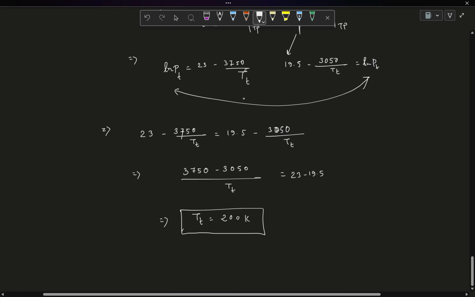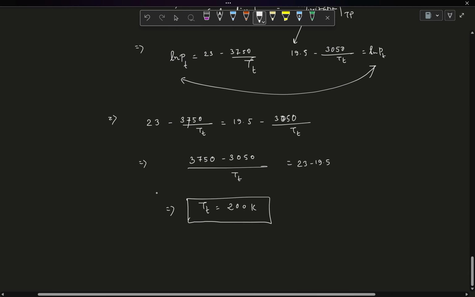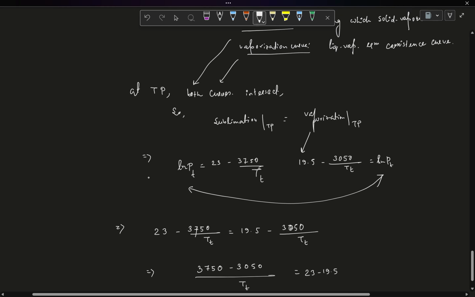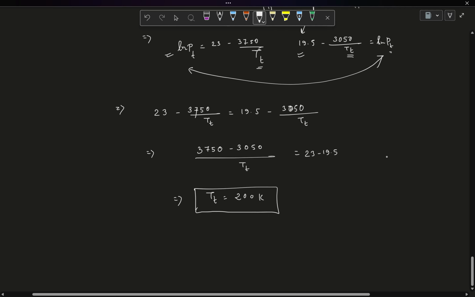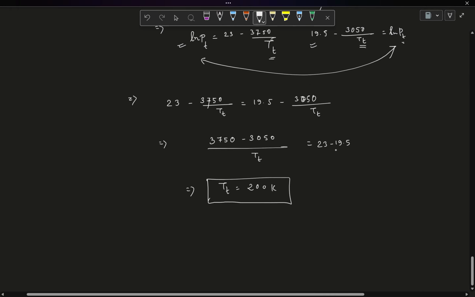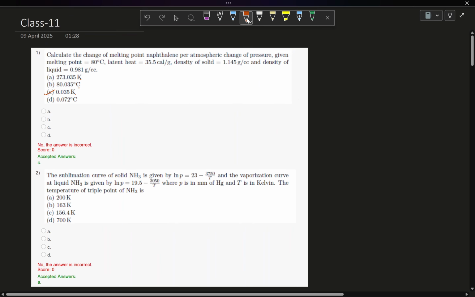But if they also ask for the triple point pressure Pt, you can easily solve that because you now know Tt. You can substitute Tt into either equation and get Pt from there. Both will give the same Pt value, and that defines your triple point. So let us check the option: 200 Kelvin is the answer we obtained, so it is the correct answer, right?